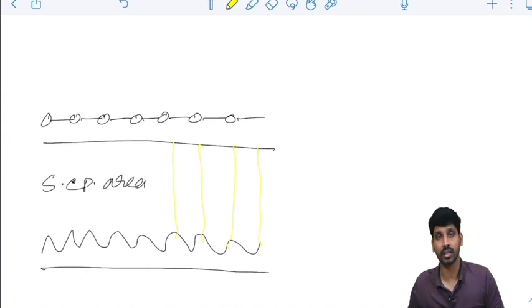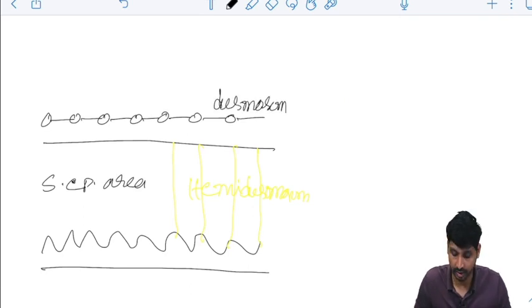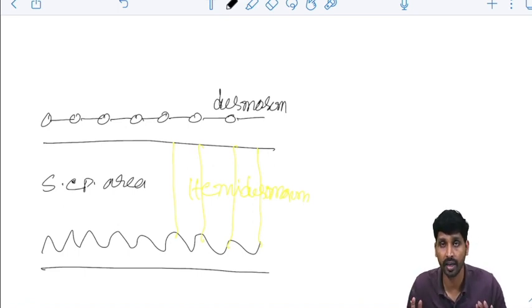Now, there are antibodies. The yellow color is hemidesmosome, and desmosome is present in the epidermis. Two types of antibodies will develop against the collagen, especially against hemidesmosome and desmosome.